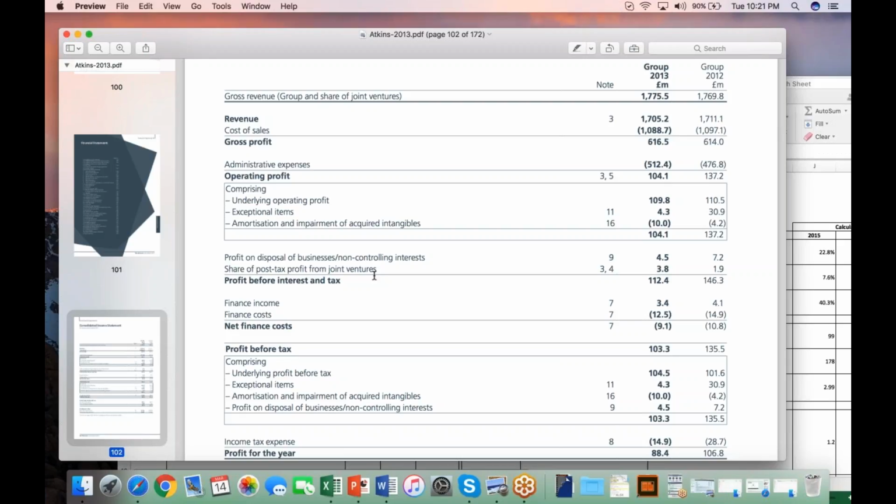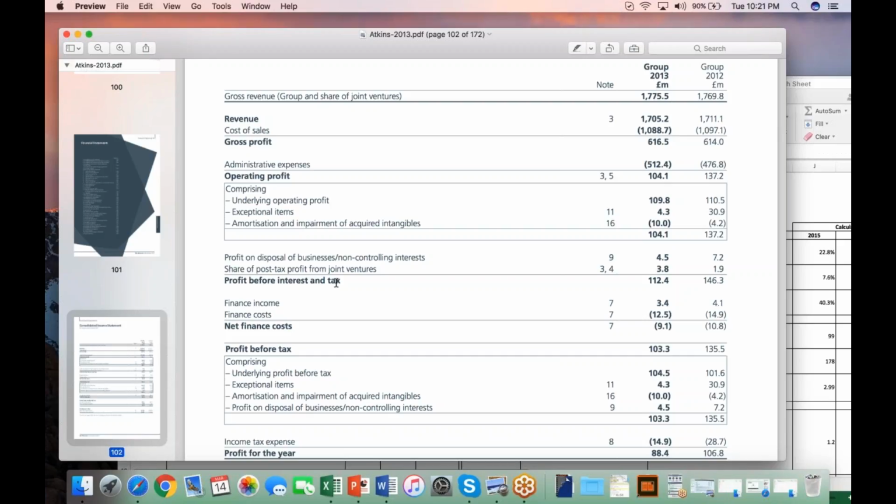Other income is called other income because it is other. It is not part of the operating. You see Atkins here right now. Atkins are not including this other income of 4.5 and 3.8 in operating profit, which they are right in doing so. They have considered it in EBIT.